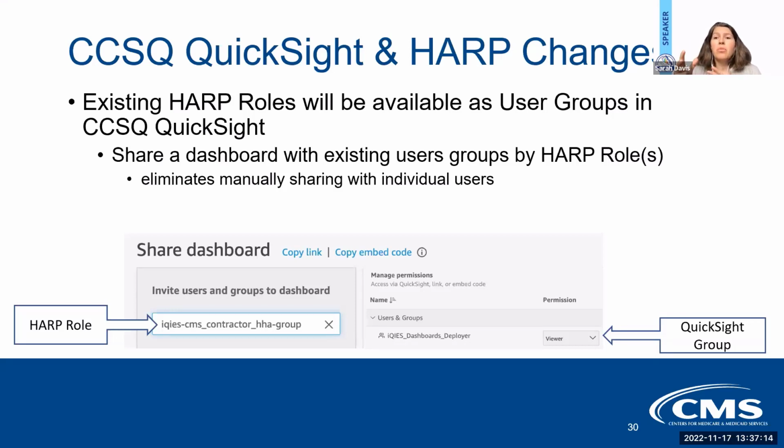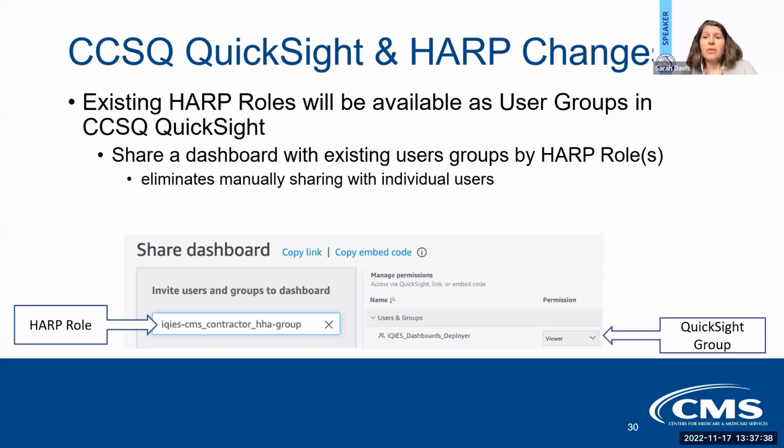The reason for moving it into HARP is because that's where every other CCSQ application manages this. And it provides the ability for your security officers to approve those within HARP rather than us having to reach out to your security officer to obtain their approval. This leaves it in HARP. It'll be like every other CCSQ application, more streamlined and more automated.